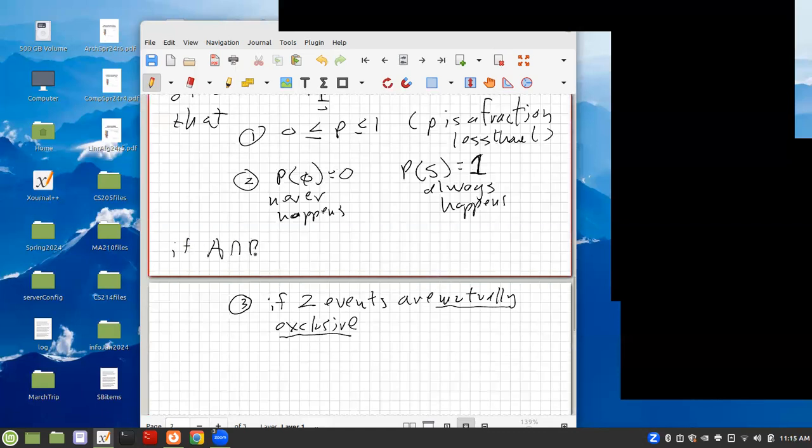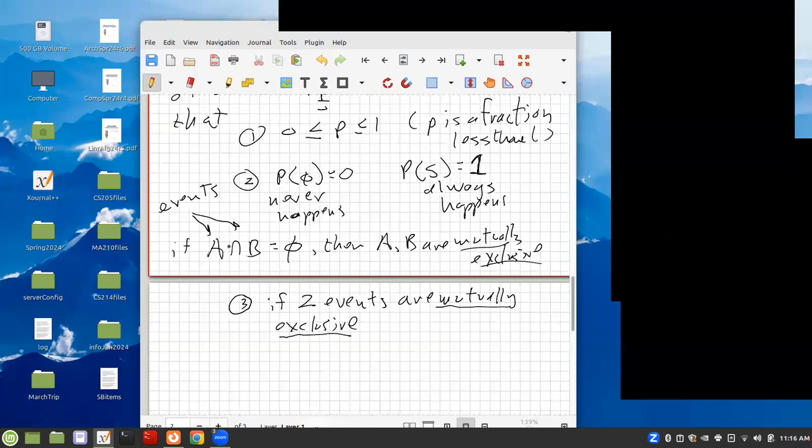If the two events A and B have an intersection A ∩ B that is the null set, then A and B are mutually exclusive. The words mutually exclusive just mean that the two events have no outcomes in common. Because they have no outcomes in common, they cannot both occur at the same time.